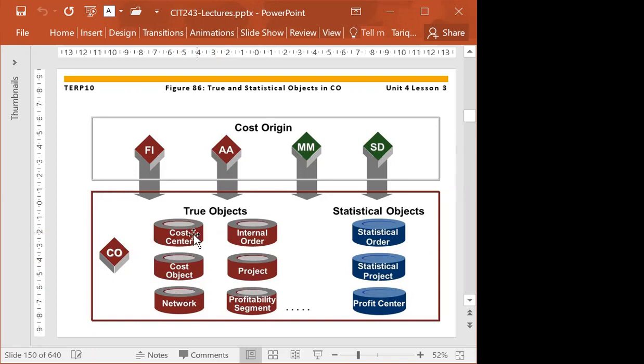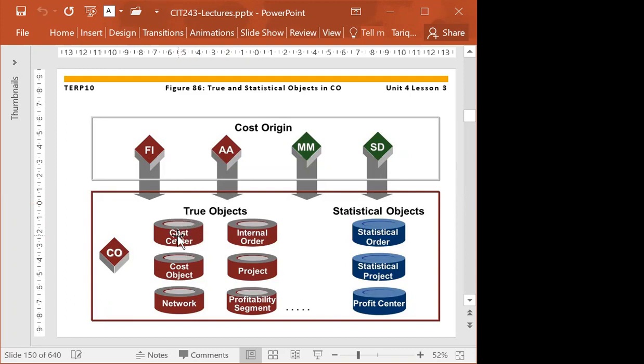True objects mean they are receiving the cost in the controlling, as single entries, or they are receiving revenue or cost, and then they are distributing from them. They are distributing their cost to other objects. Since they are distributing the cost to other objects, that's why we call them true objects.